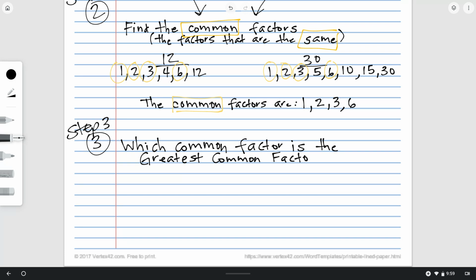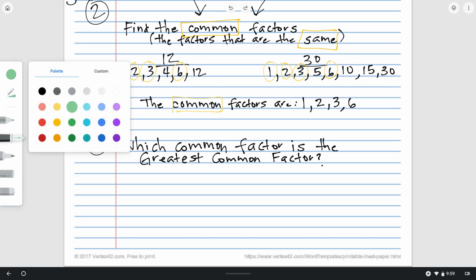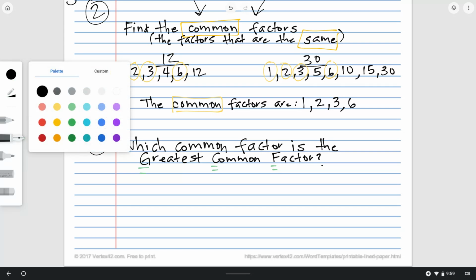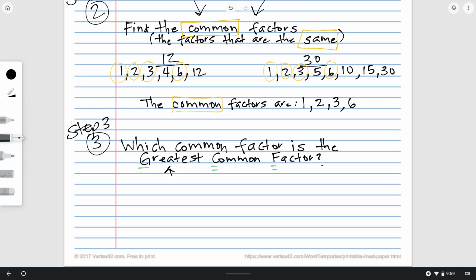Common factor. Greatest common factor, G, C, F. I'm going to do this in colors. Okay, we did it in green, I believe, yesterday. So G, C, F. Greatest common factor. And we know greatest is also another word for biggest or largest.